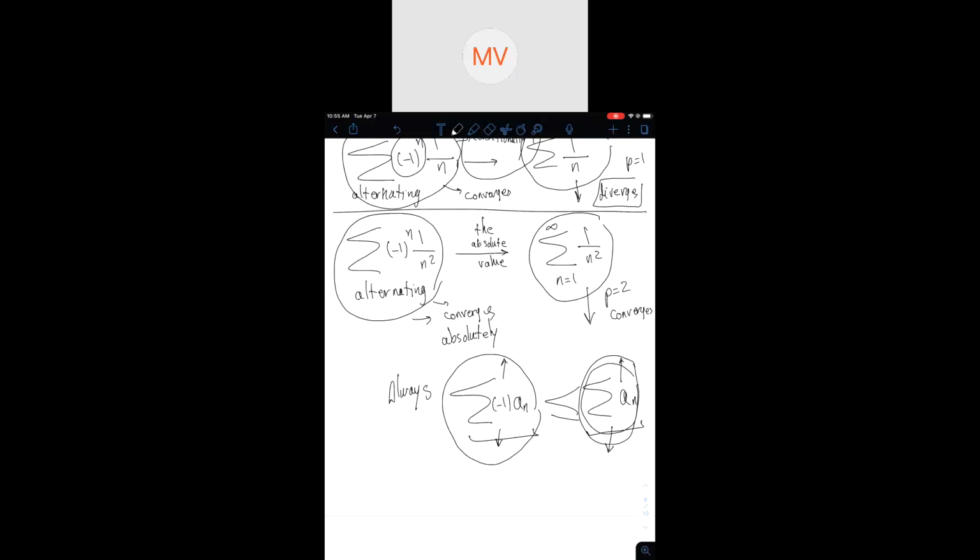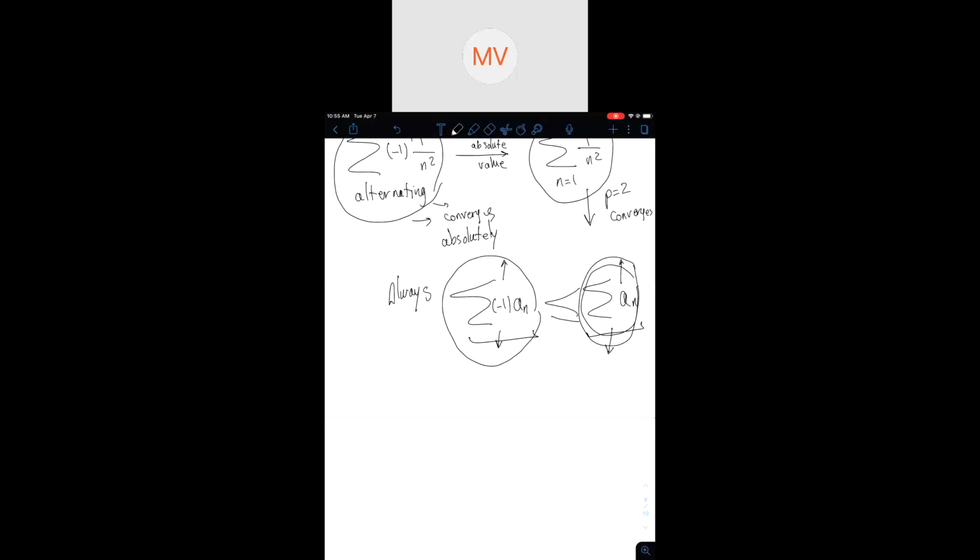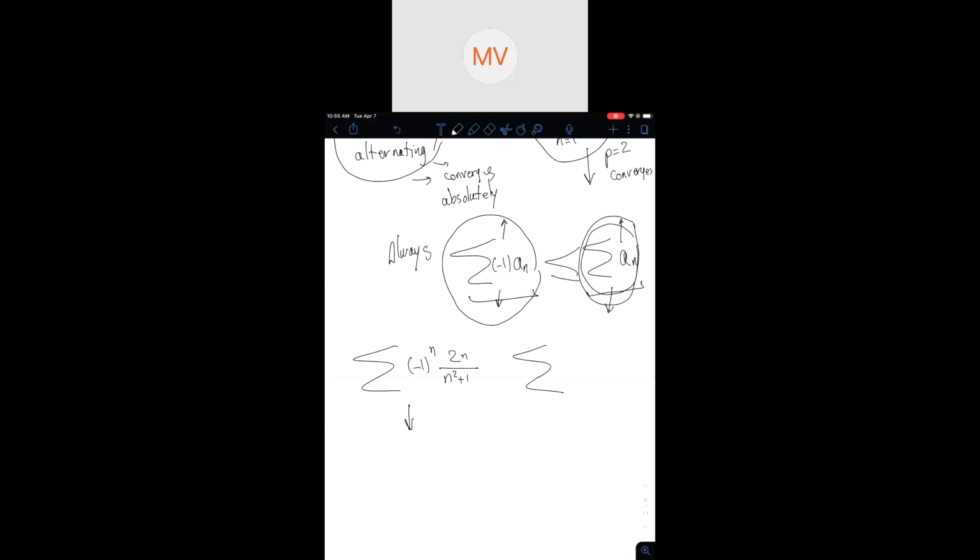So when they're asking about convergence, absolutely drop the negative one. If that one converges, the whole thing converges absolutely. Let's do another example, the one that we just did. Negative 1 to the n, 2n over n squared plus 1. So the question is, does this one converge absolutely or conditionally?